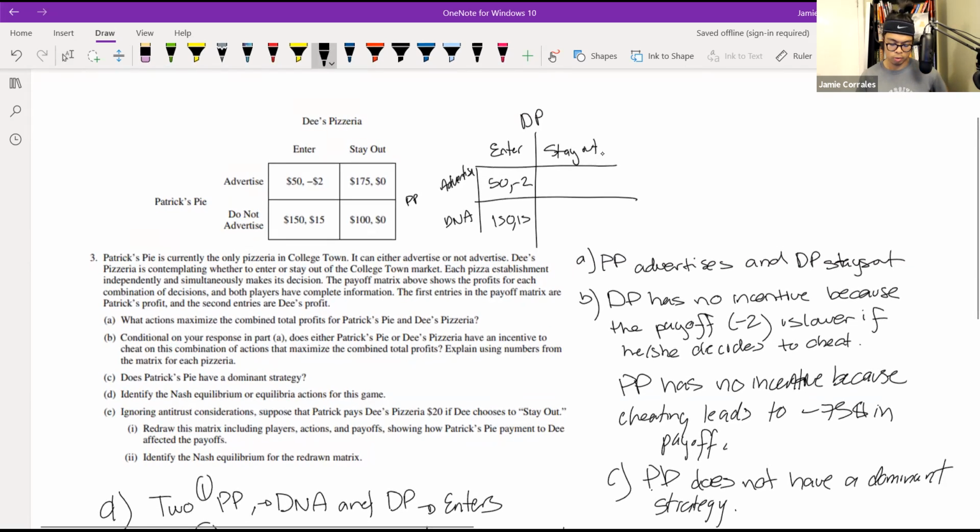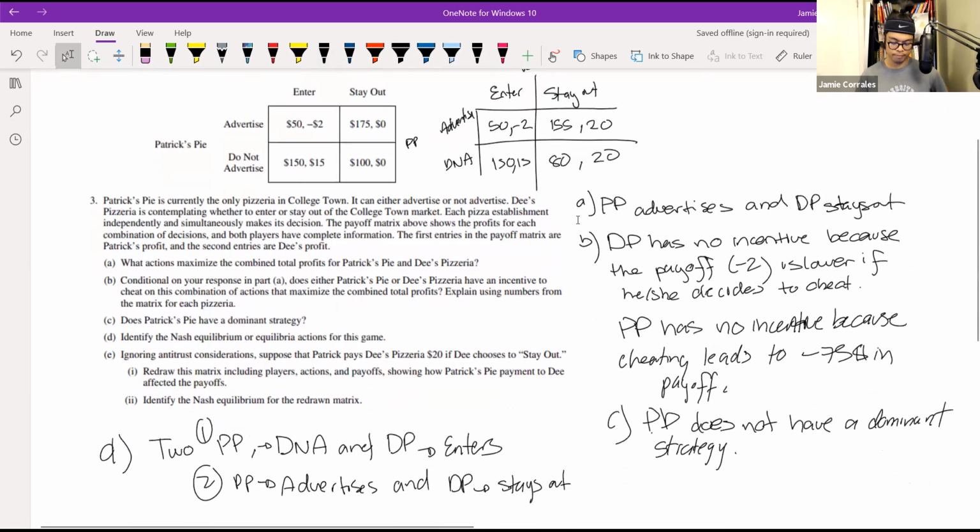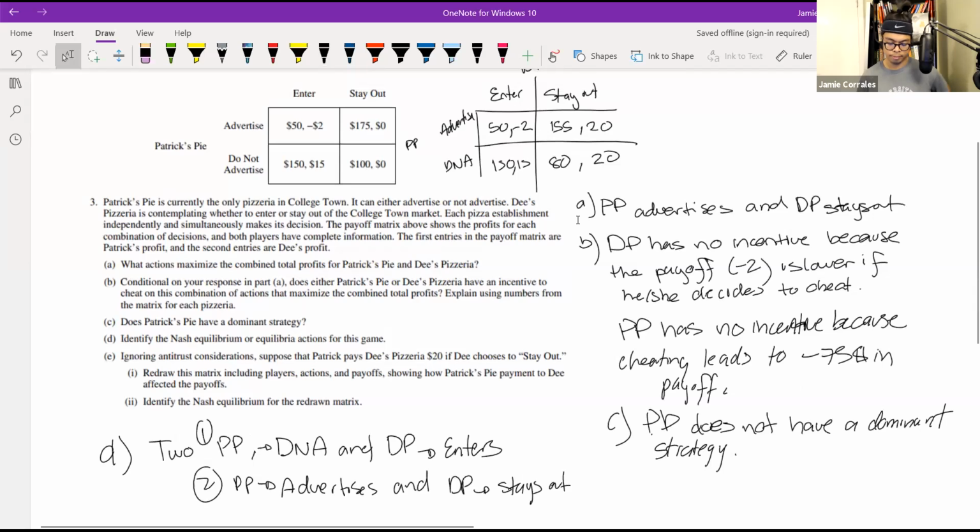Okay, so in order for DP to stay out, Patrick Pie is going to pay $20. So his payoff goes down to 155 because 175 minus 20, but DP gains $20. So if Patrick Pie does not advertise, his payoff is going to be 80 to pay DP 20, right? Okay, so we have to recalculate the new Nash equilibrium.